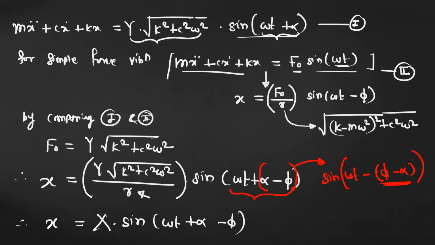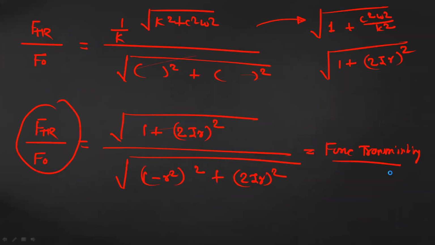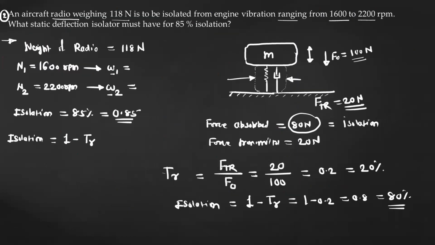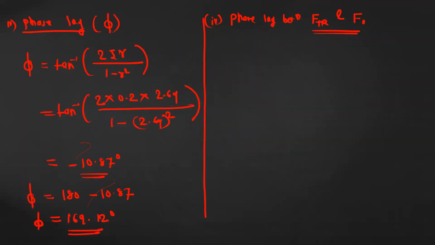So this is between the force transmitted and the exciting force. So this phase lag is nothing but phi minus alpha. So we have to find out the alpha value.